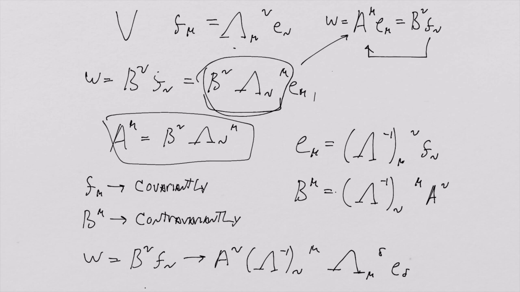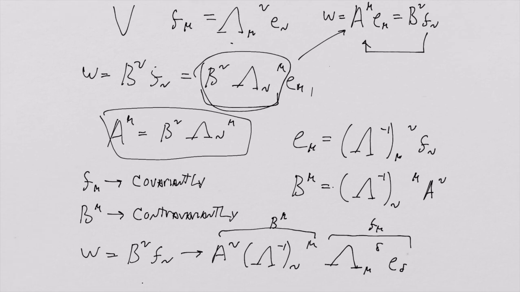This would have been F mu here, and this would have been B mu here. This is B mu, this is F mu.